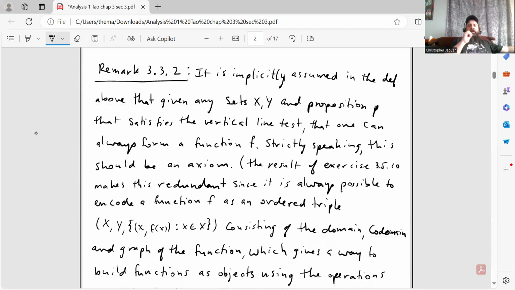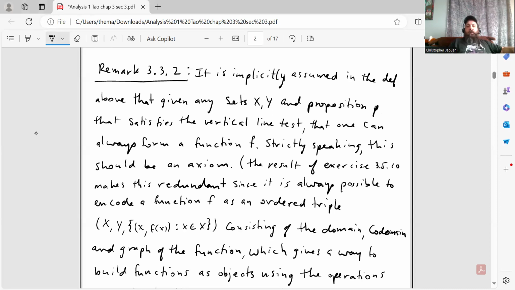Now he says in Remark 3.3.2 something about that definition, so we'll talk about it here. It is implicitly assumed in the definition above that given any sets X and Y and a proposition P that satisfies the vertical line test, one can always form a function f. Strictly speaking, this should be an axiom.